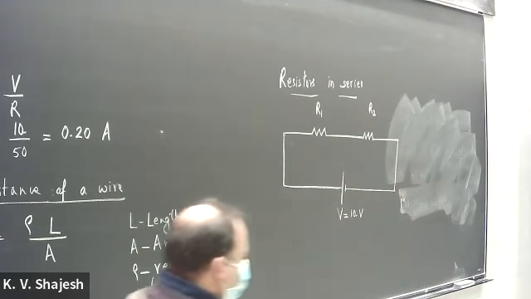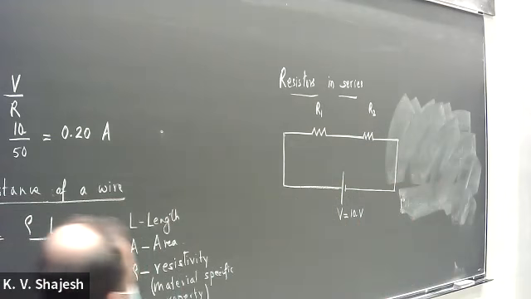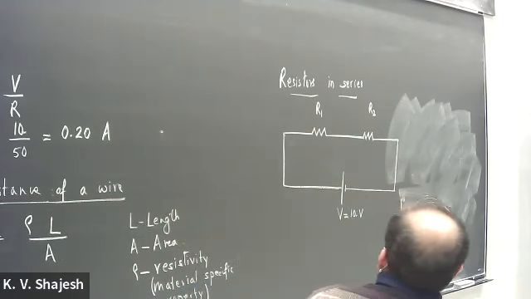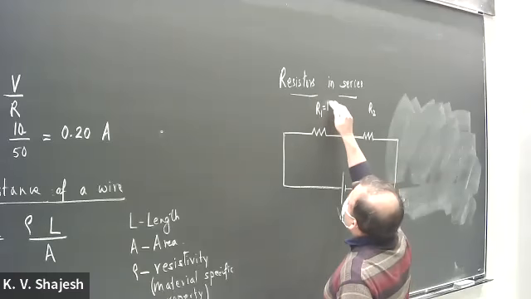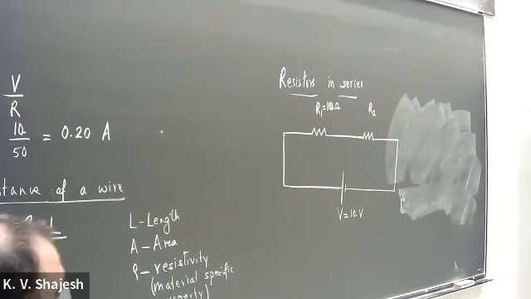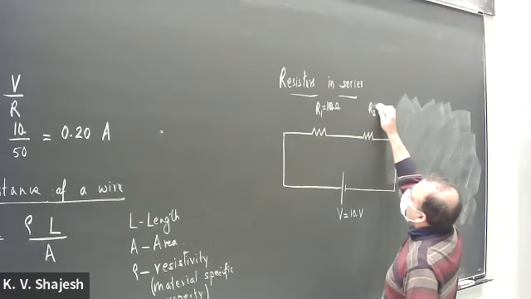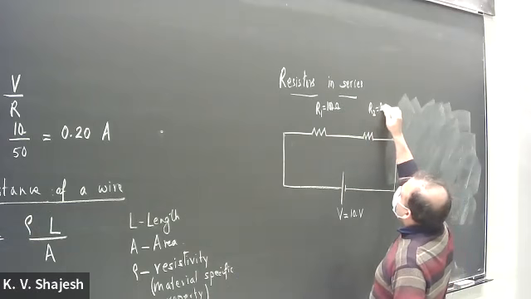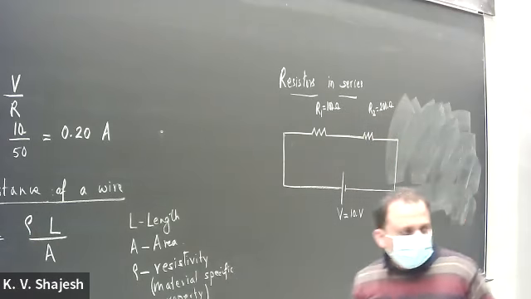Typically in the market, 9 volt is easier to get, but for calculation purposes, it's nice to keep 10 volt. R, let's say, is 100 ohms. It's relatively less amount of resistance, usually 500 and 1000 and even larger resistances are common, but let's keep 100 ohms for R1 and 200 ohms for R2.